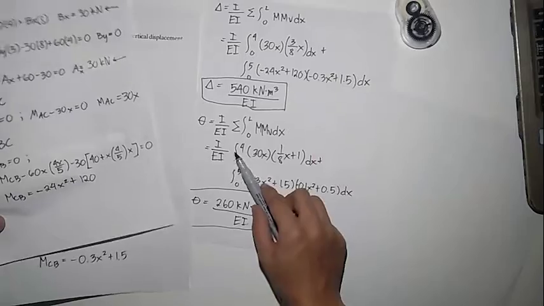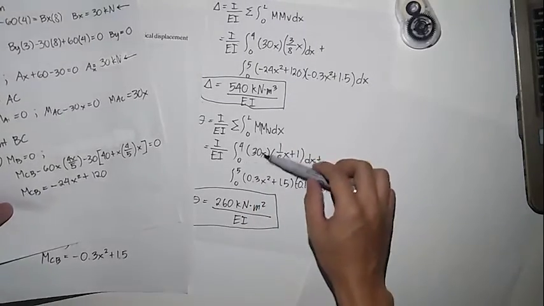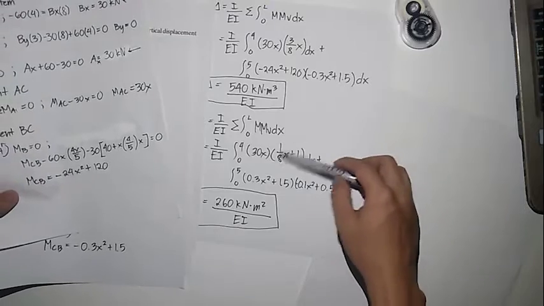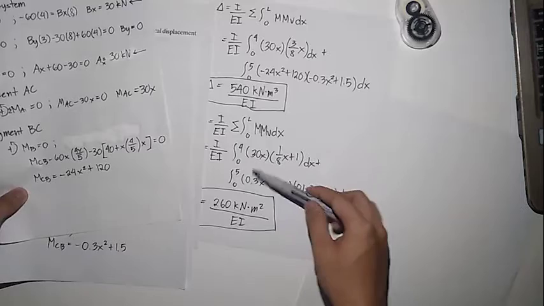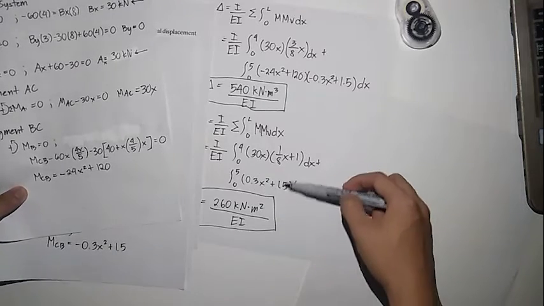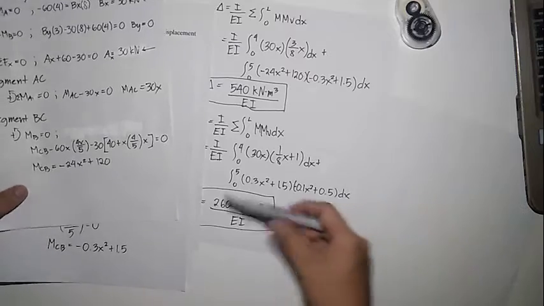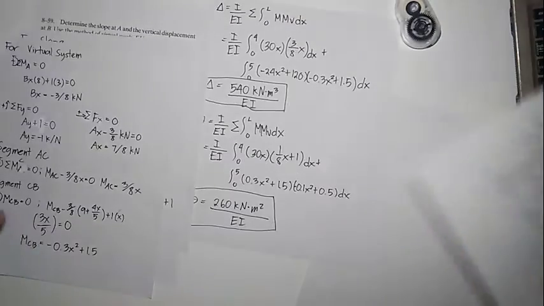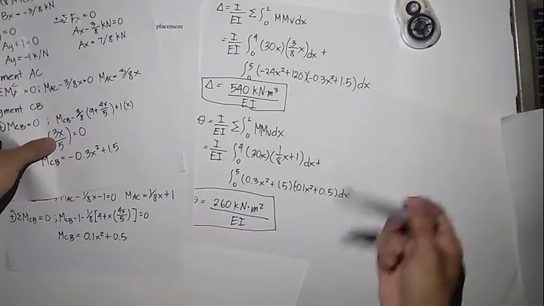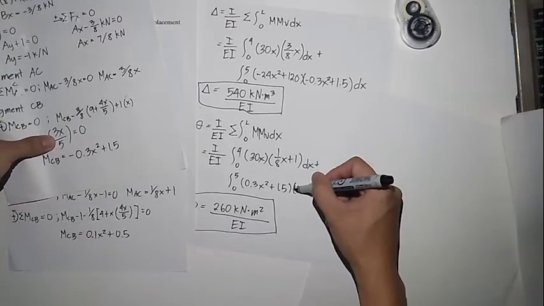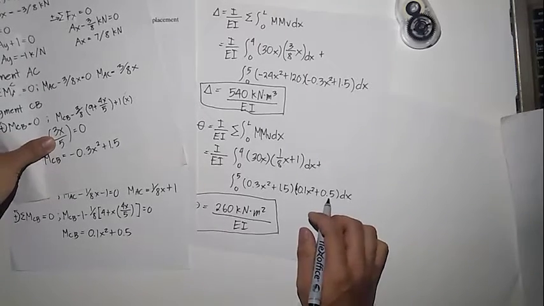So, 1 over EI from 0 to 4 times 3x times 1 over 8x plus 1 dx plus from 0 to 5, 0.3x squared plus 1.5 times negative 0.1. Hanapin po yung virtual system. So, ano po yung negative 0.1? So, positive po yan, sorry. Positive 0.1x squared plus 0.5 dx.